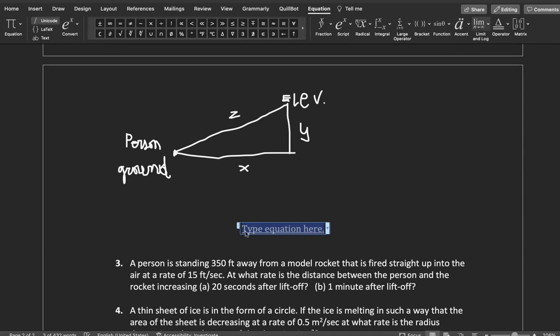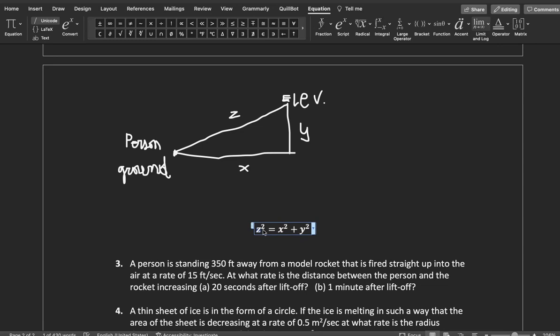Well, using the rules that you should know from high school, Pythagoras theorem, the square of the hypotenuse is equal to the sum of the squares of the two sides, right? So what happens when we differentiate this equation with respect to time?